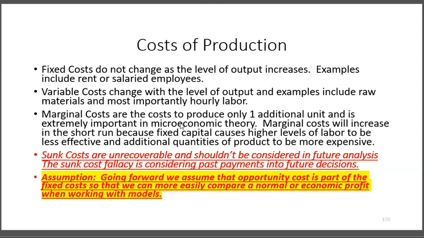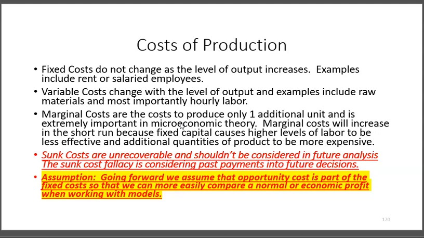When that flips, you have made too many units. And so kind of the golden rule in microeconomics is to always produce as close to MR equals MC as you can without going over where your marginal cost is greater than your marginal revenue.